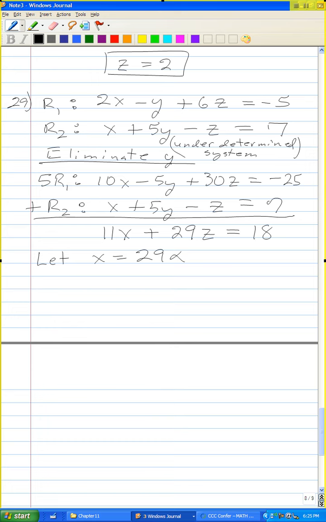I'll say alpha, or let's say t. So I have 11x plus 29z equals 18.